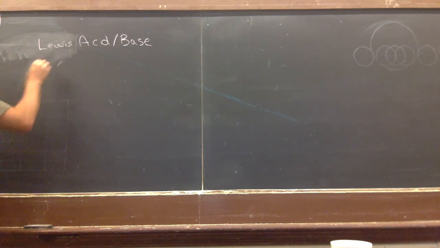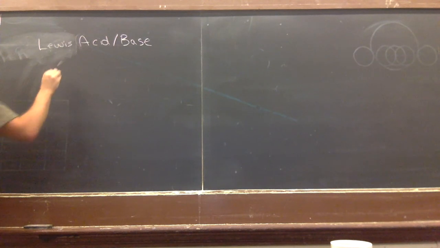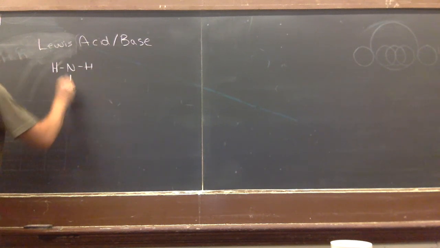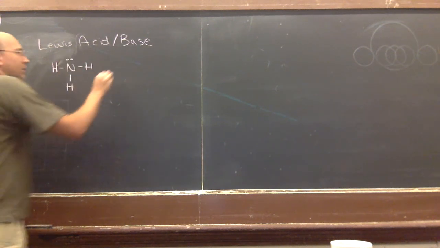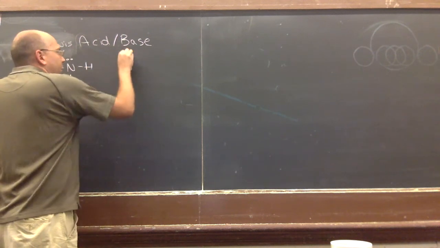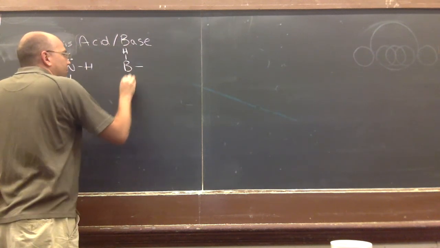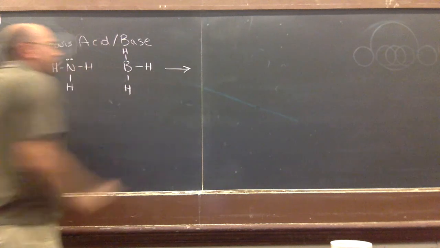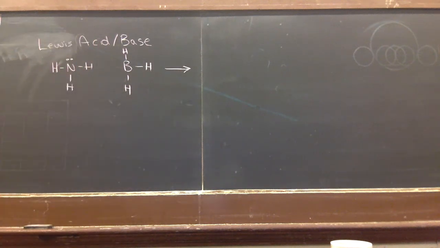So a standard Lewis acid, Lewis base mechanism, an example of that would be ammonia reacting with borane. When ammonia reacts with borane, what's going to happen in this reaction?